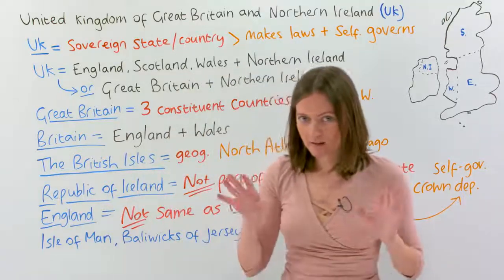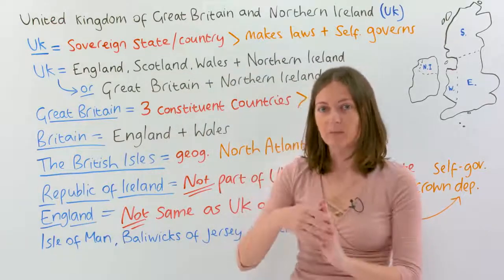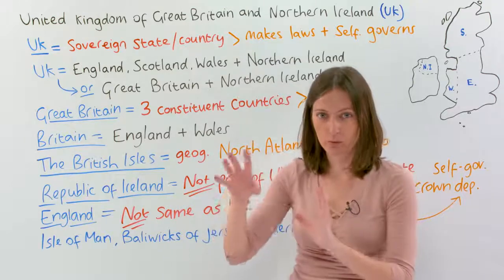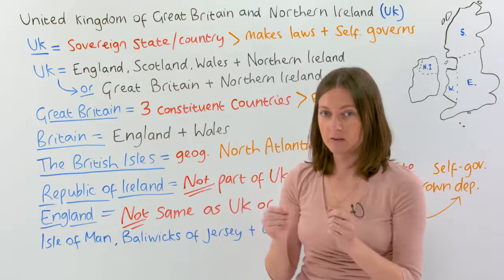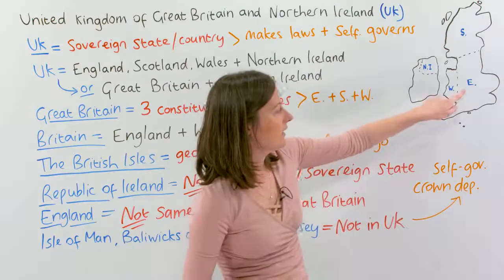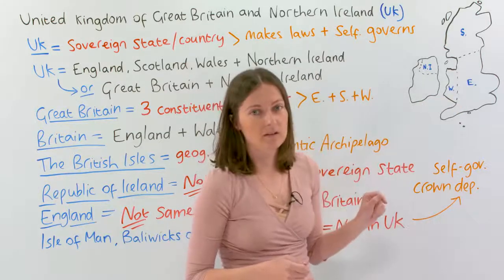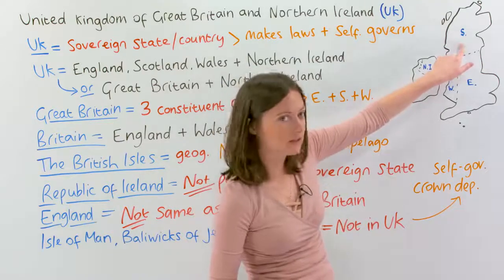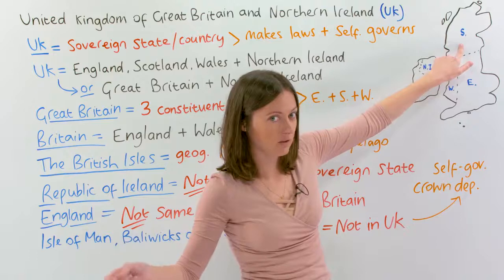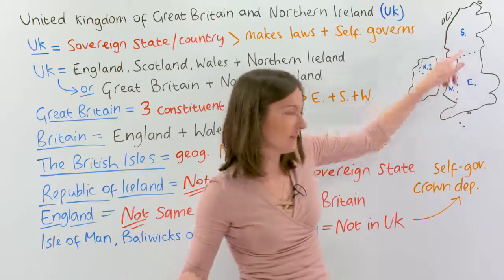Well, they are, but they don't make their own laws. So we have a word for it. We can call them constituent countries. We can say England is a constituent country of the United Kingdom. We can say Scotland is a constituent country of the United Kingdom, etc.